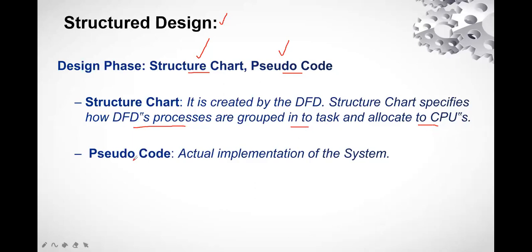Next is pseudocode, the actual implementation of the system. In the design we have created the algorithm, and now we will see how the pseudocode looks. It just looks like code. We will discuss it in further slides.